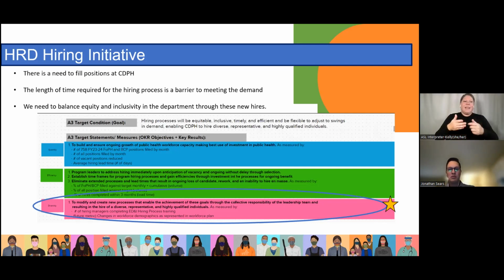So we've been employing multiple lean practices and methods, such as mapping our hiring value stream, running concerted improvement workshops, and leveraging visual management, data, and linked checking to reduce our average lead time for hiring at CDPH. And we're also using a lean lens to ensure that our recruitment, hiring, and retention practices and processes at CDPH allow us to hire and develop a workforce that does represent the diversity of California.